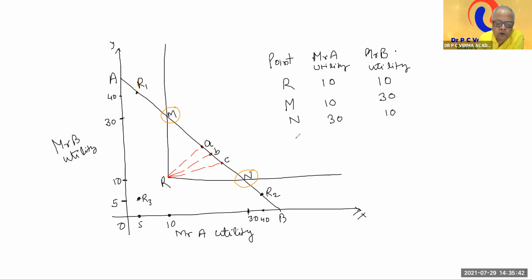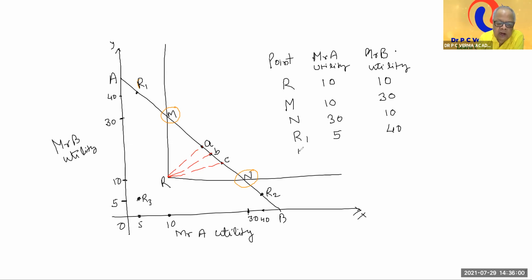If society moves from R to R1, then Mr. A loses 5 and Mr. B gets 40.